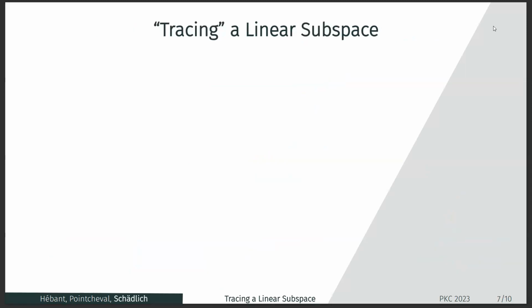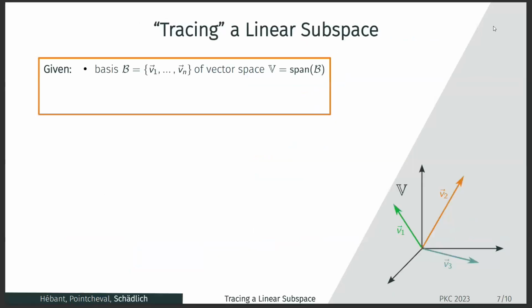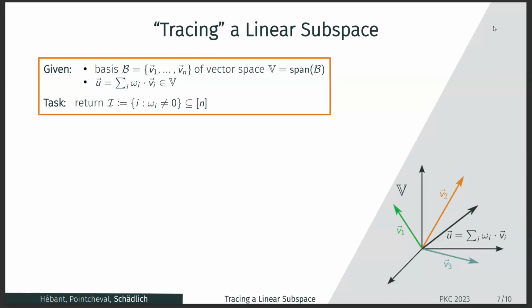And a bit more formal, we call this the linear subspace tracing problem, where we are given a basis B consisting of vectors v1, v2 until vn that span some vector space, and we are given a vector u that lies in this vector space, and we would like to find the set of indices I where the corresponding coefficient omega i is non-zero.